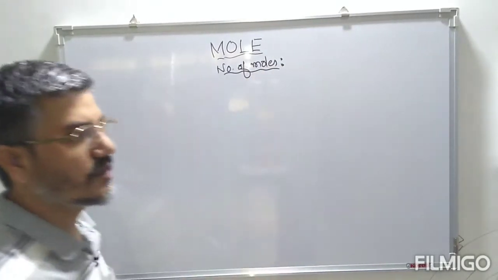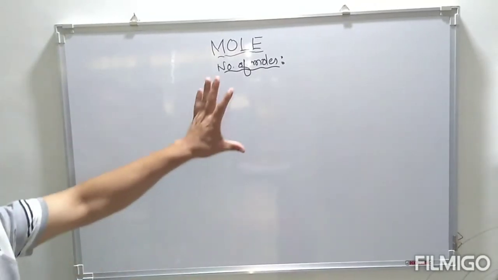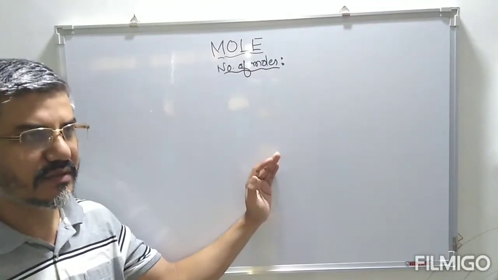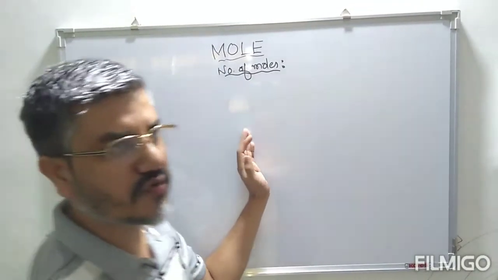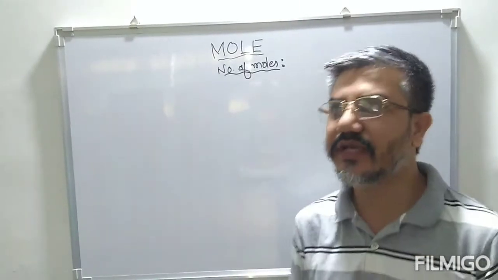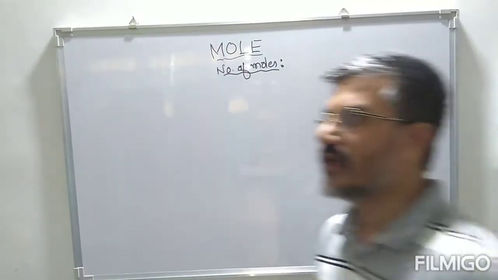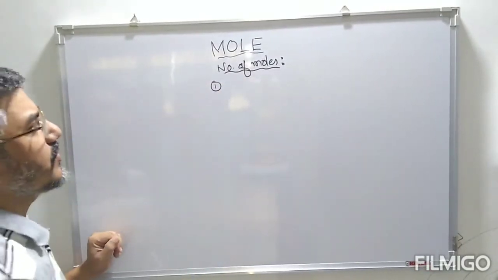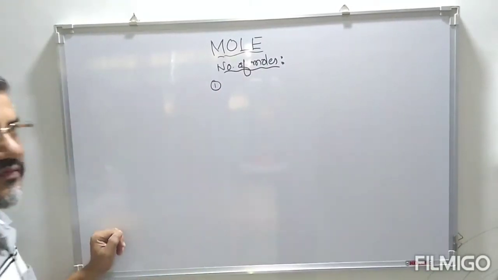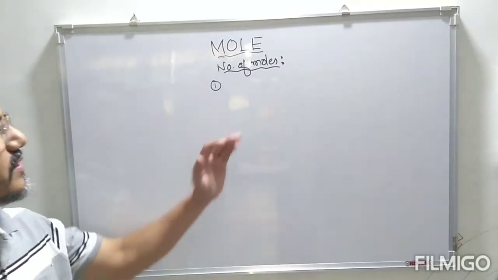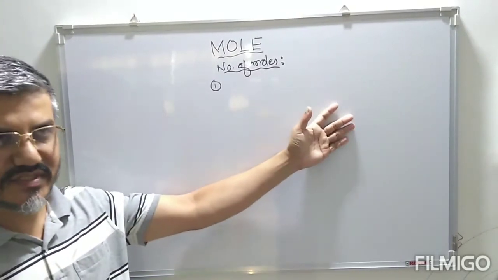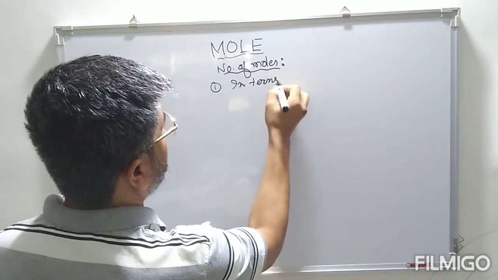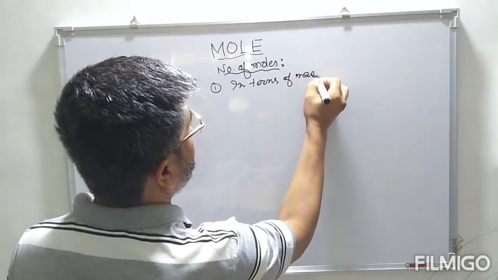How to calculate number of moles? For the calculation of number of moles, we have different ways by which the number of moles in any given chemical entity can be found out. Now let's discuss one by one. Number of moles can be defined if the quantity in terms of the mass or weight of the substance is given. So, in terms of mass.